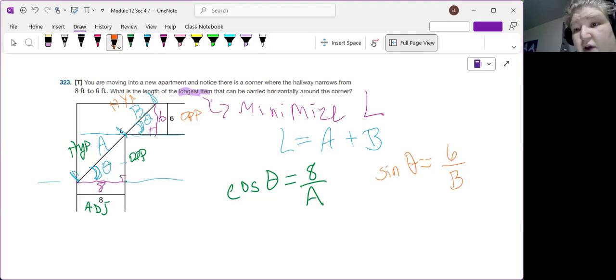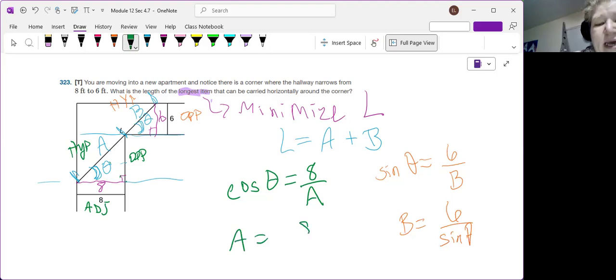So I'm going to solve those for A and B respectively, which we end up multiplying by the variable and then dividing by the trig function. So over here, B is 6 over the sine of theta. And back here, A is 8 over the cosine of theta.